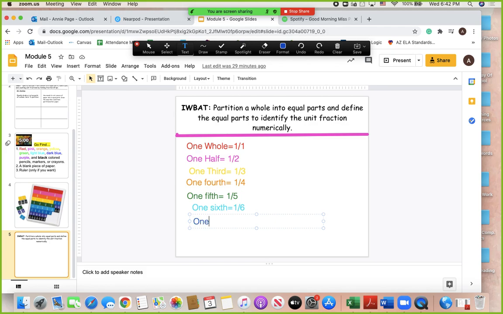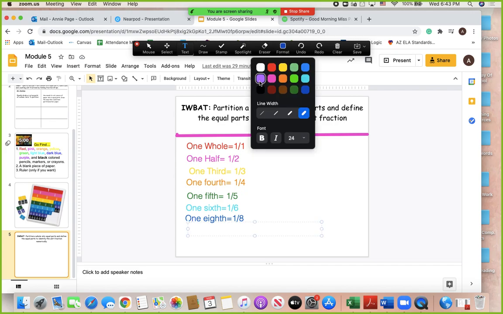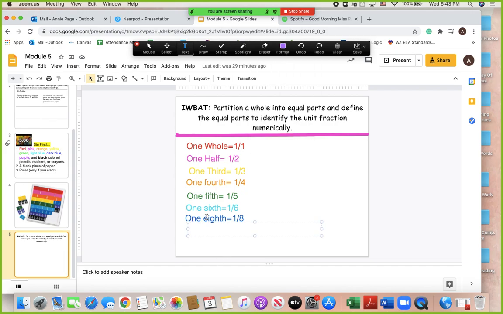Okay? Let's go ahead and go 1/8 in dark blue. And the next one is purple, which is, we're skipping 9 and we're going 1/10. 1 out of 10 pieces.